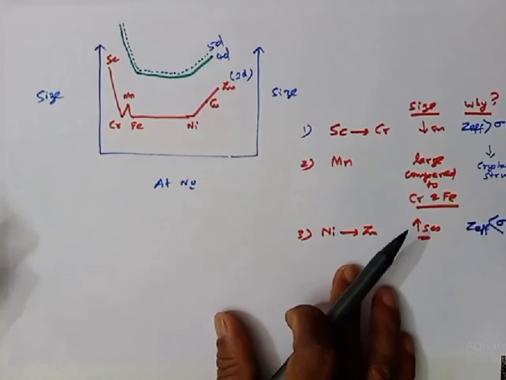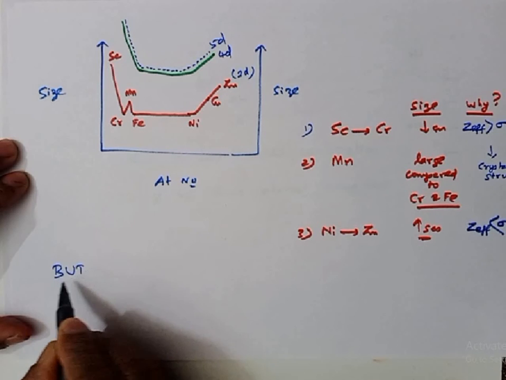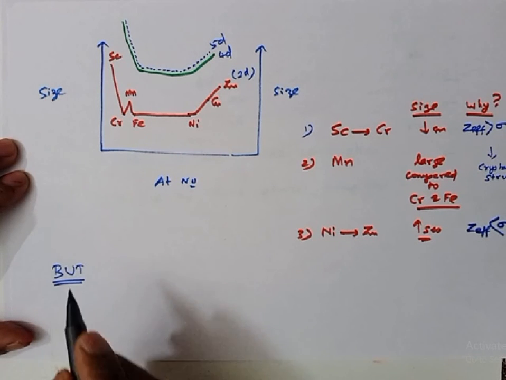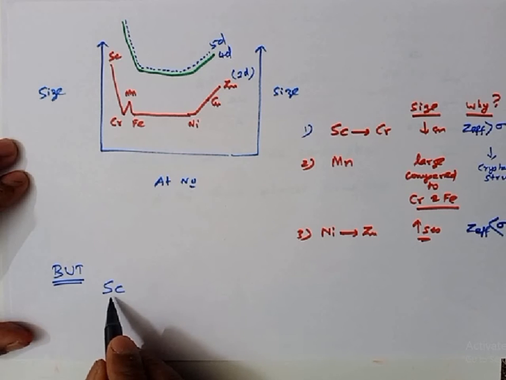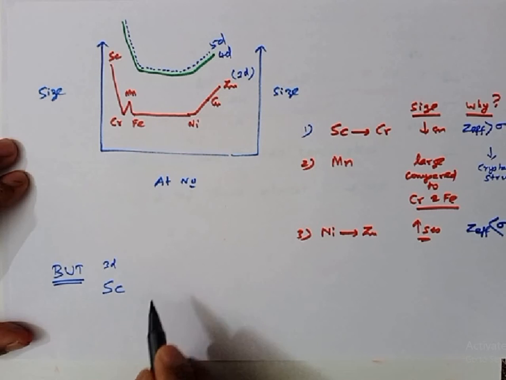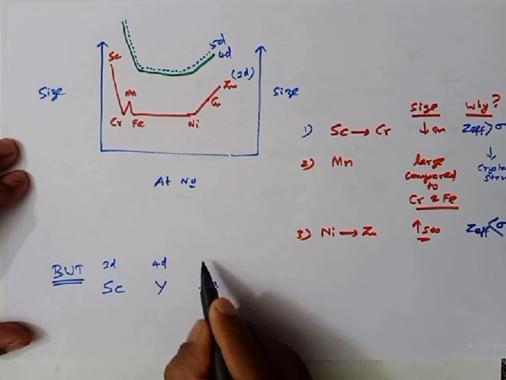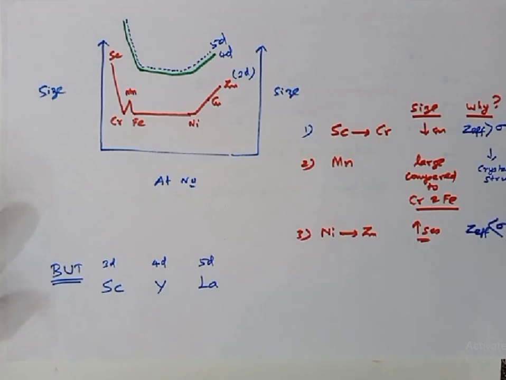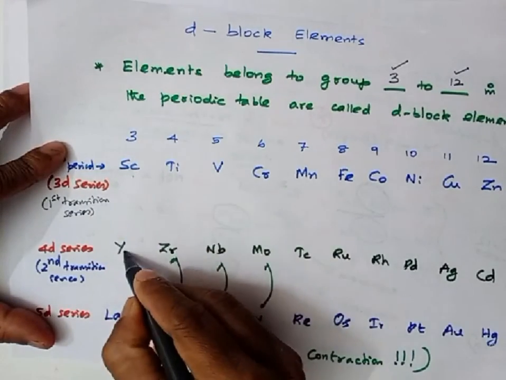But this is an important question here. If you compare scandium, which is present in the 3D series, then yttrium in the 4D series, then lanthanum in the 5D series. Students, observe carefully. The elements of group number 3 are scandium, yttrium, lanthanum.